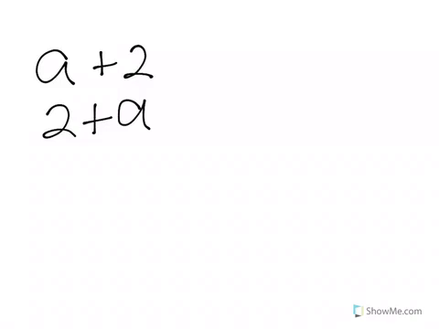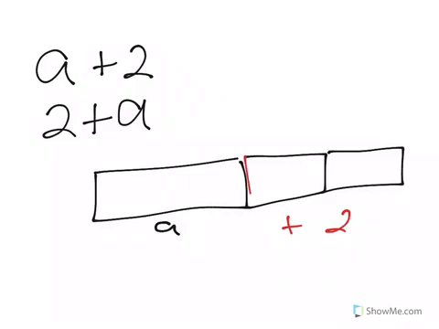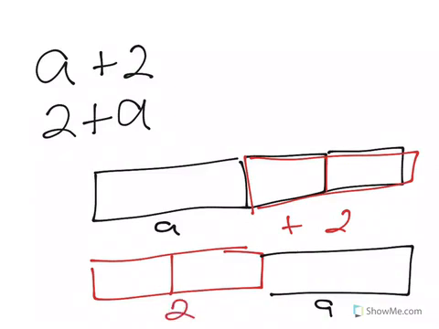Now, can you show this with a model? Sure we can. Here's our A plus 2, right? Here's our plus 2. Or we could say our 2 plus A. Now, you might say, is that accurate?